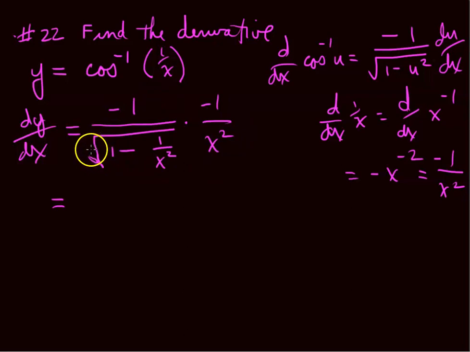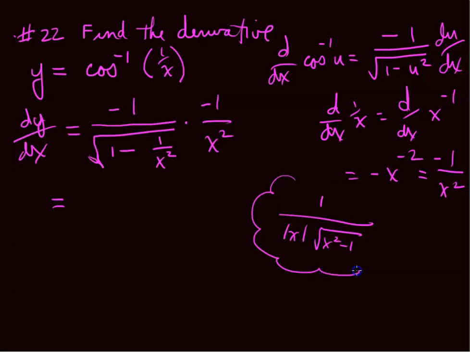Matching the textbook is a little harder because they don't write it this way. The textbook writes it as 1 over the absolute value of x times the square root of x squared minus 1. So if you want to match that, you're going to have to do a little work.